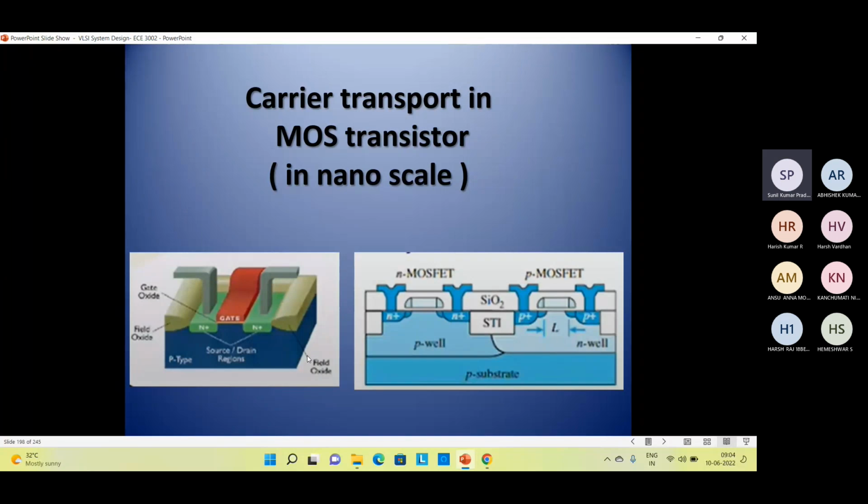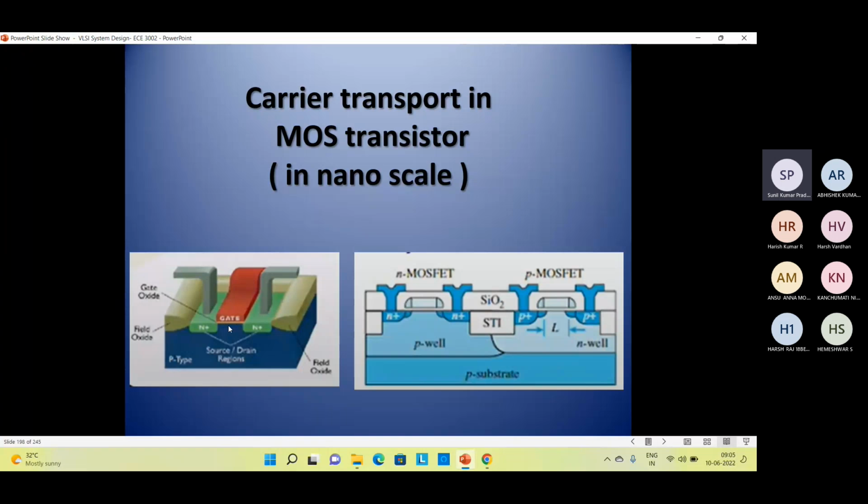So as you know, this is a conventional NMOS transistor, and this is also the MOS transistor, in the three-dimensional view. All of you know this one, but just to illustrate this, in the schematic here, the two N plus regions are there, and we have a gate region and a gate oxide here.